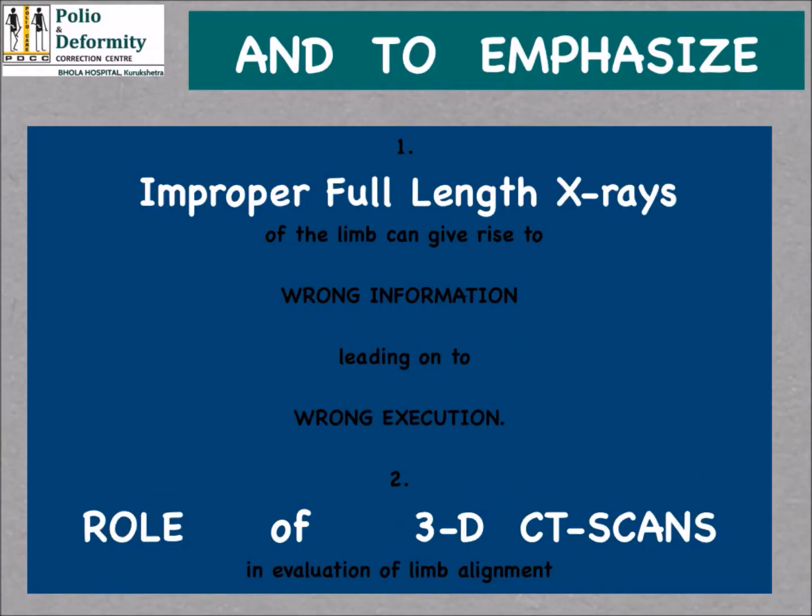Dear friends, I also want to emphasize that improper full length X-rays of the limb can give rise to wrong information, which can lead to wrong execution. And what is the role of 3D CT scan in evaluation of the limb alignment?